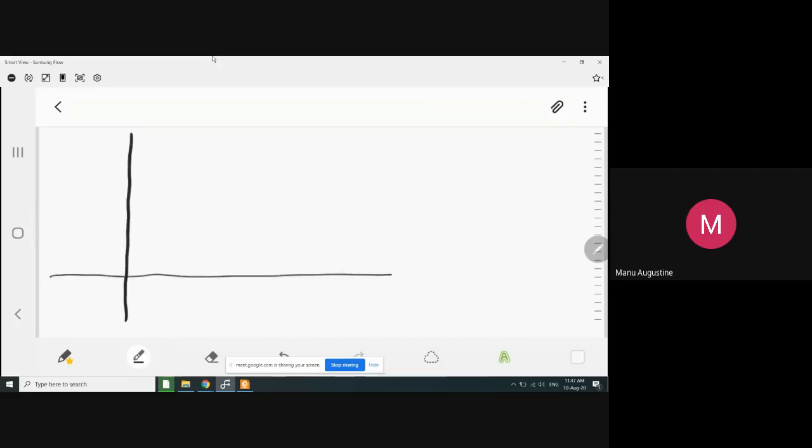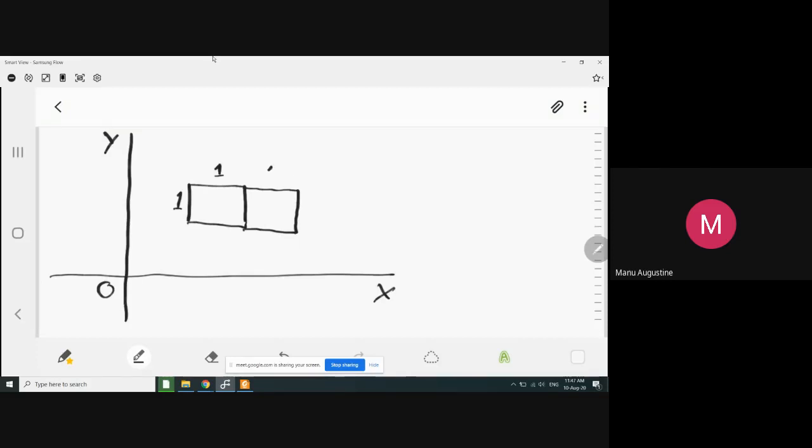Y-axis, x-axis. This is the origin. I take up a small square of side 1 meter by 1 meter. I bring another square of the same dimensions and attach it to the previous square.